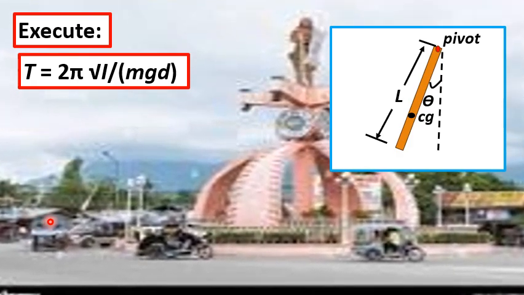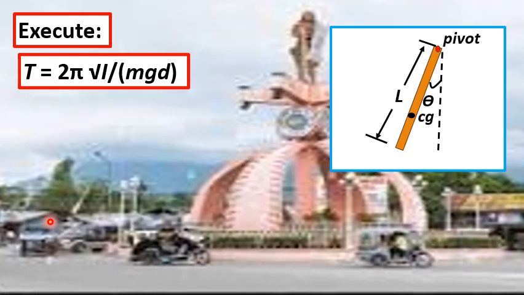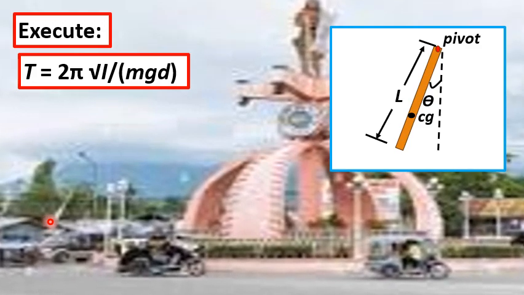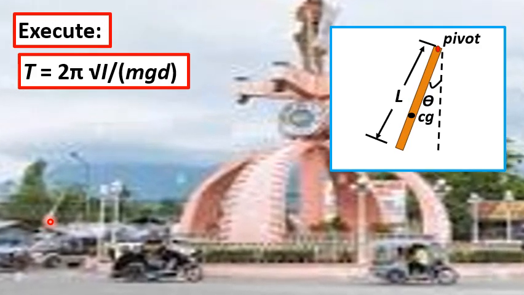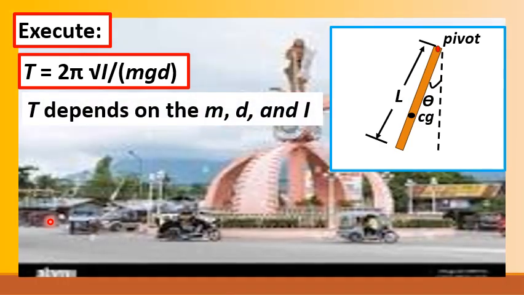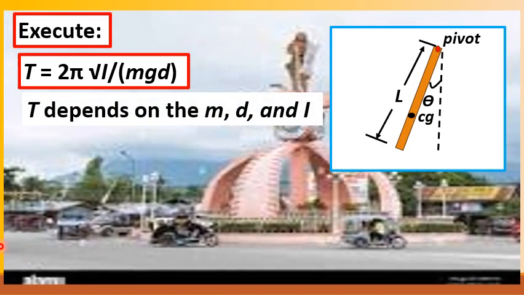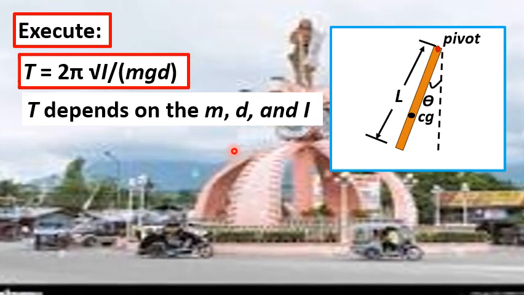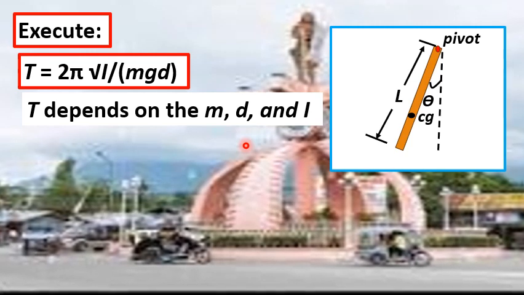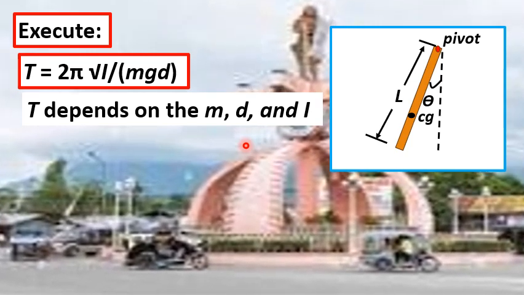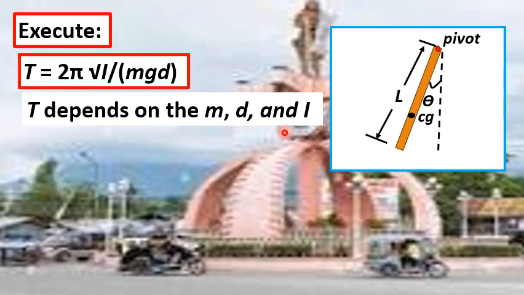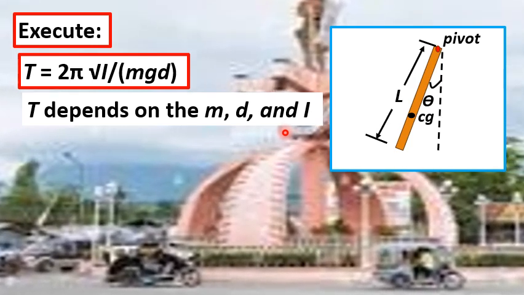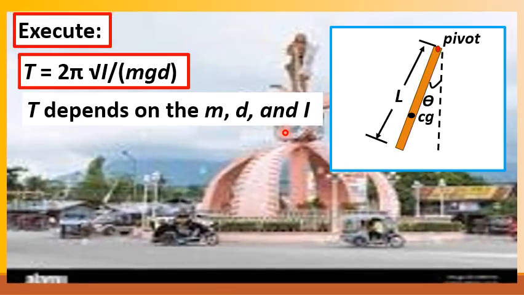So, for small amplitude oscillation, the time period capital T is independent of amplitude, but it depends on the mass, m, the distance d from the axis of rotation to the center of gravity, and the moment of inertia, capital I, about the axis, right?